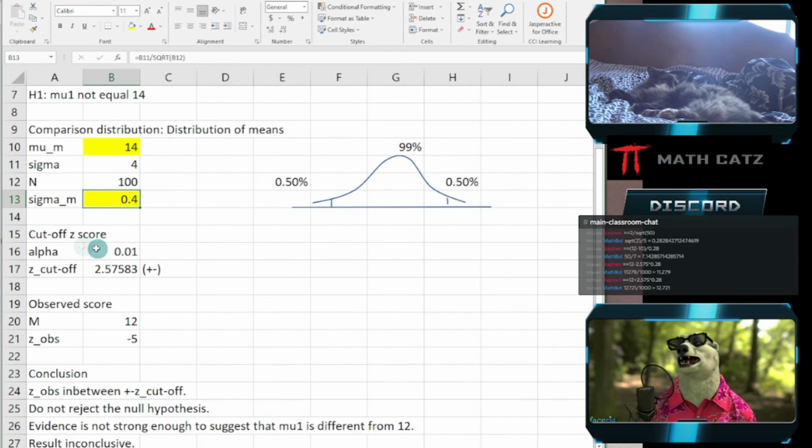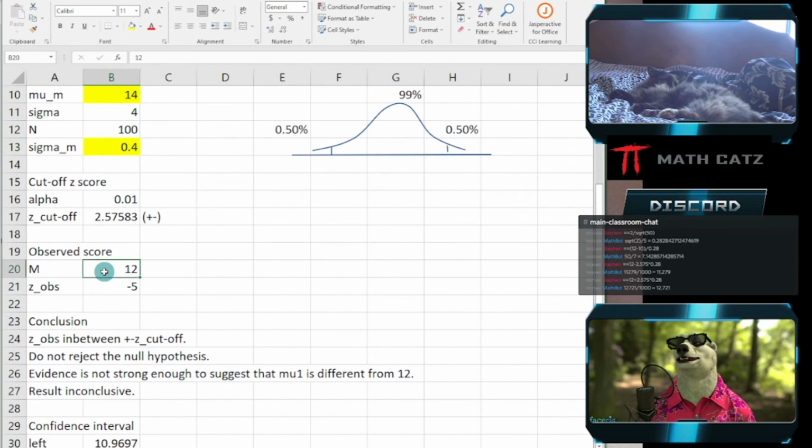Then we go to finding our cutoff z-score, same alpha, so that doesn't need updating, and our percentages, our visualization here of what's happening on the comparison distribution is the same, and therefore our z cutoff score will be the same as well.